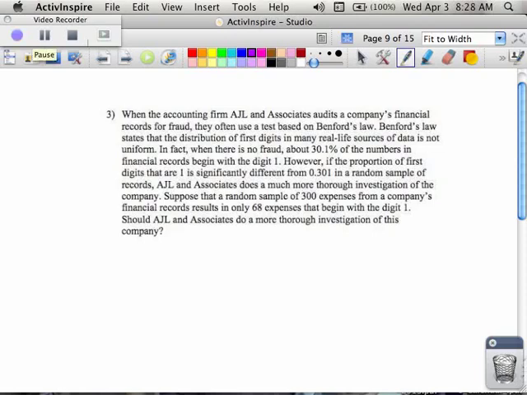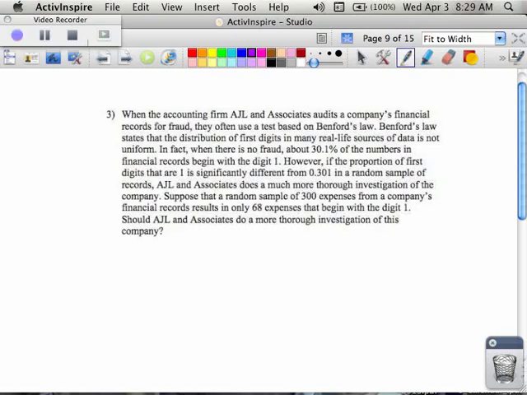So in example number 3, when an accounting firm called AJL and Associates audits a company's financial records for fraud, they use a test based on Benford's law. So for those of you going to business, you'll probably study this. It states that the distribution of first digits in real-life sources of data is not uniform, or in other words, is biased. In fact, when there isn't a fraud, 30.1% of the numbers in the financial records begin with the digit 1.